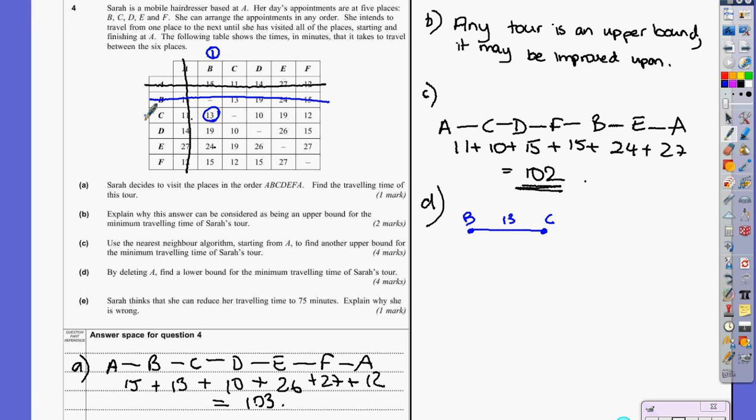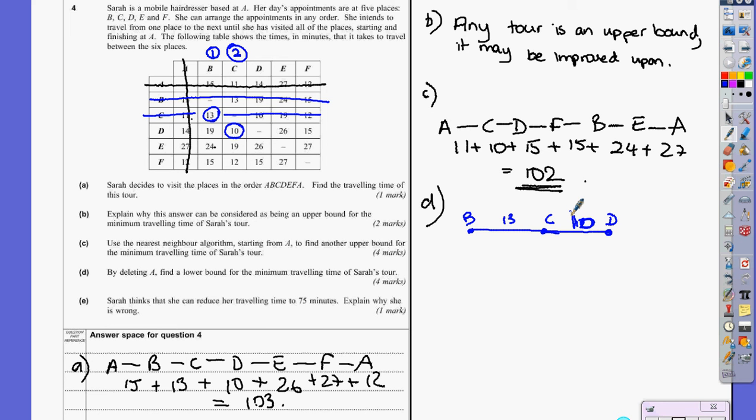Okay, I'm going to cross out C, put 2 above C. I'm going to look down both of them. So I've got these to go through. That one's the smallest. So C to D is 12. So C to, no, it's 10.